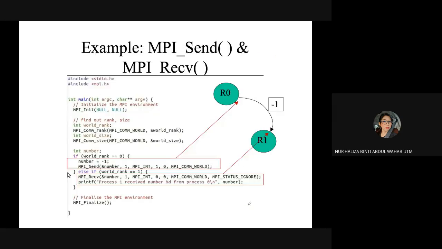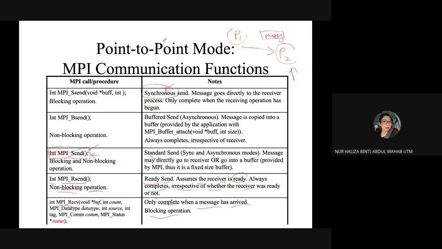So you will see when you can use it in your source code. Let's say over here you are applying these two. This is a normal standard. You can use this one and this one. Sorry, send and also receive.